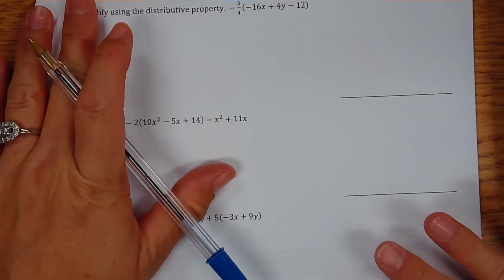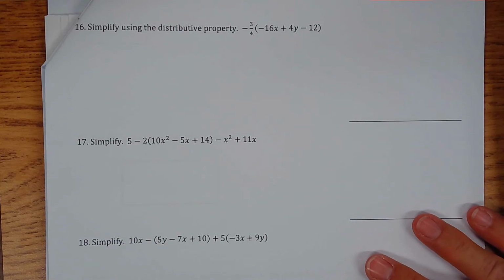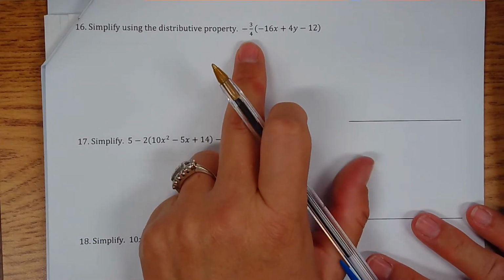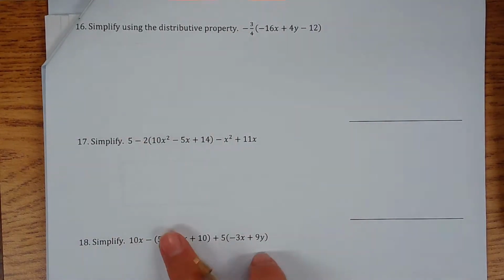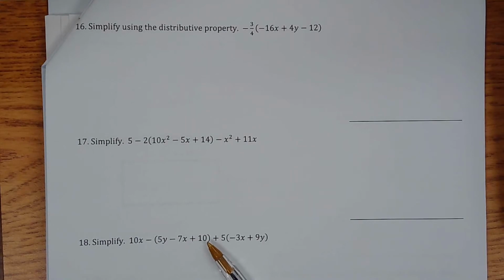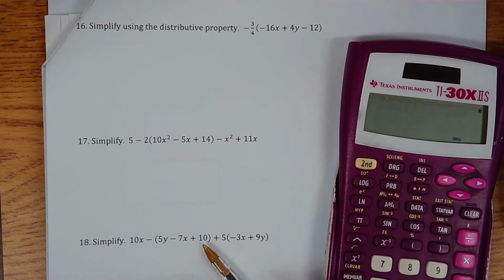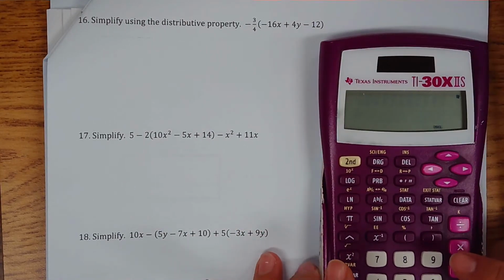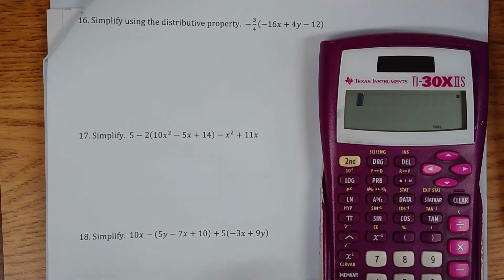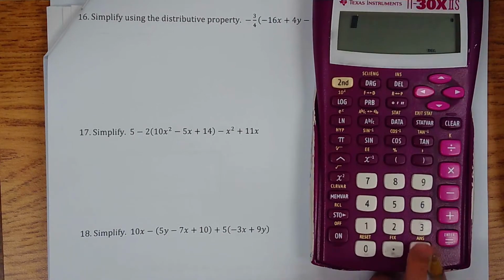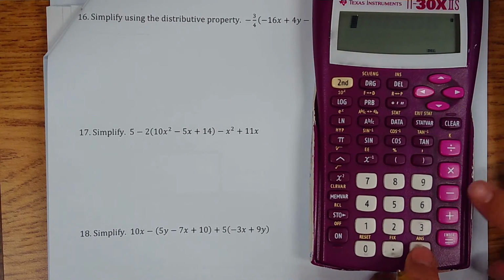Okay, so simplify using the distributive property. You guys might be panicked because you're like, oh no, it's a fraction. I don't know what your calculator looks like, but I will show you one of mine. And what you can do is you can use fractions in this calculator. So you would hit your negative sign, which is down here. Make sure you hit the negative, not the subtraction.